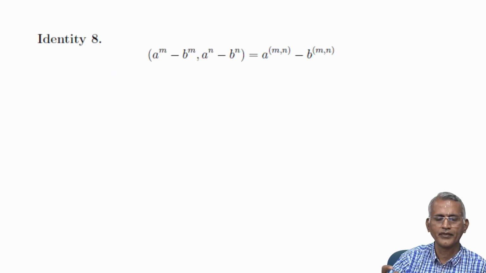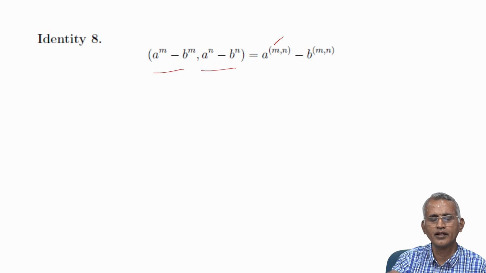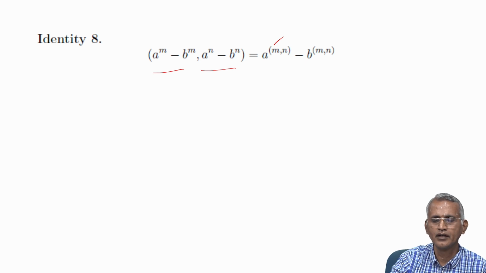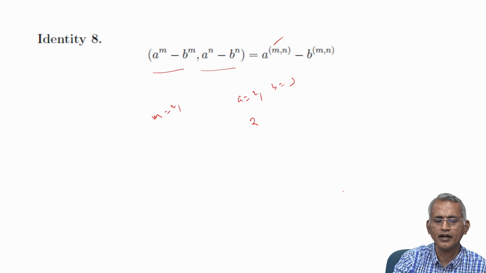Next identity: the GCD of (A power m minus B power m) and (A power n minus B power n) can be written as A power of the GCD of the two numbers minus B power of the GCD of the two numbers. So, you can take A is 2 and B is 3, m equal to 2 and n equal to 3.